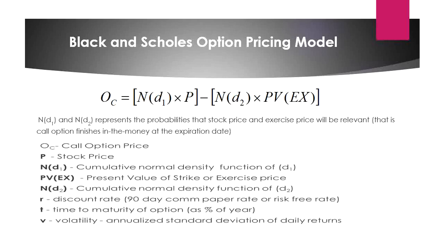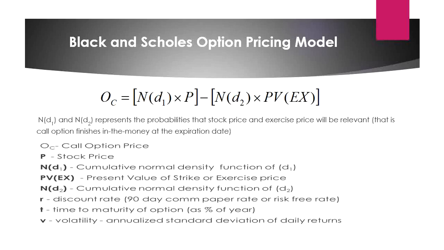As I explained, O sub C is the call option price, P is the stock price, N(d1) is the cumulative normal density function of d1, PV of EX is the present value of the exercise or strike price, N(d2) is equivalent to the cumulative normal density function of d2.